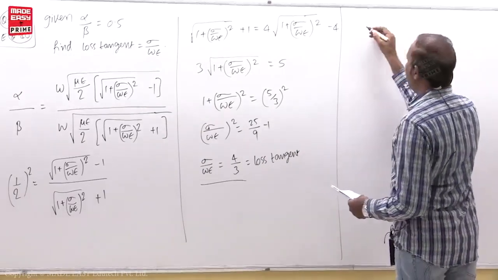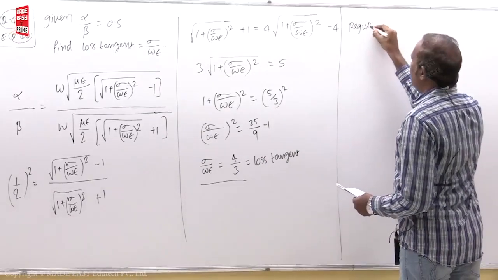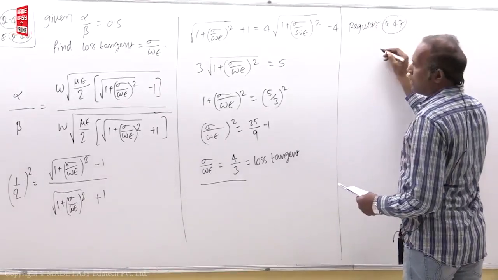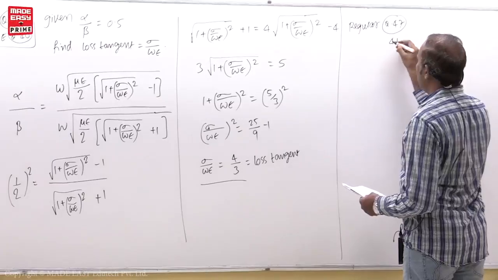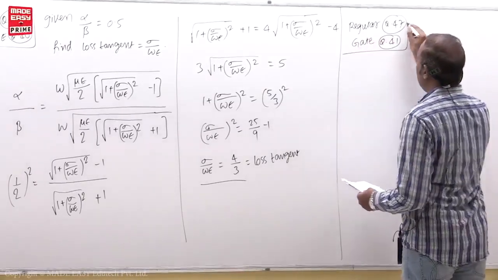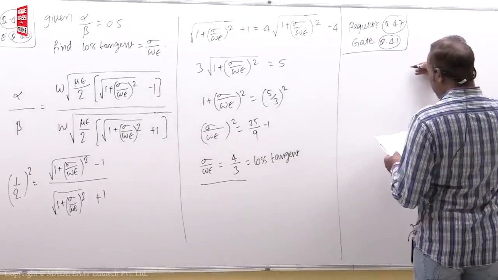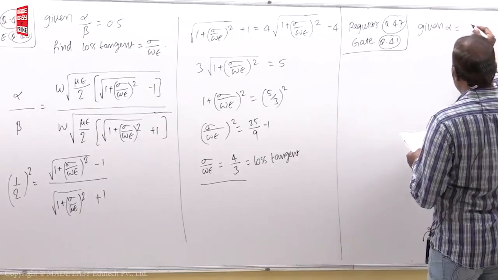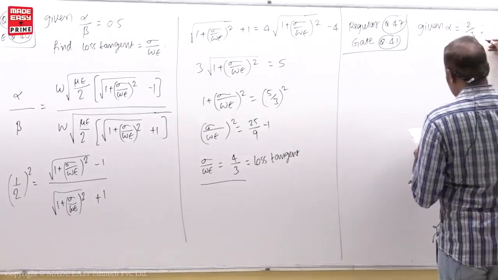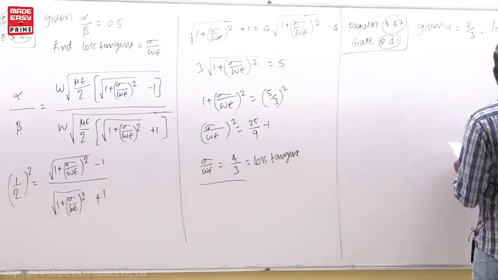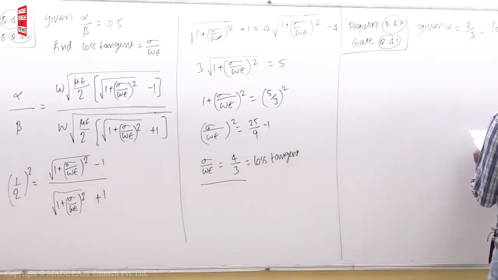That is question number 47 in the regular workbook, and this is 41 in the GATE workbook. A certain medium has given alpha equal to 2 by 3 and loss tangent equal to 2 root 2.